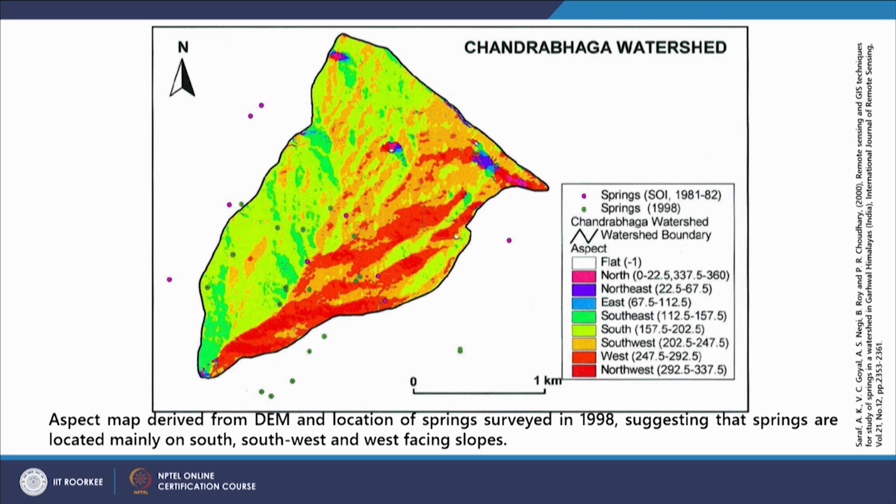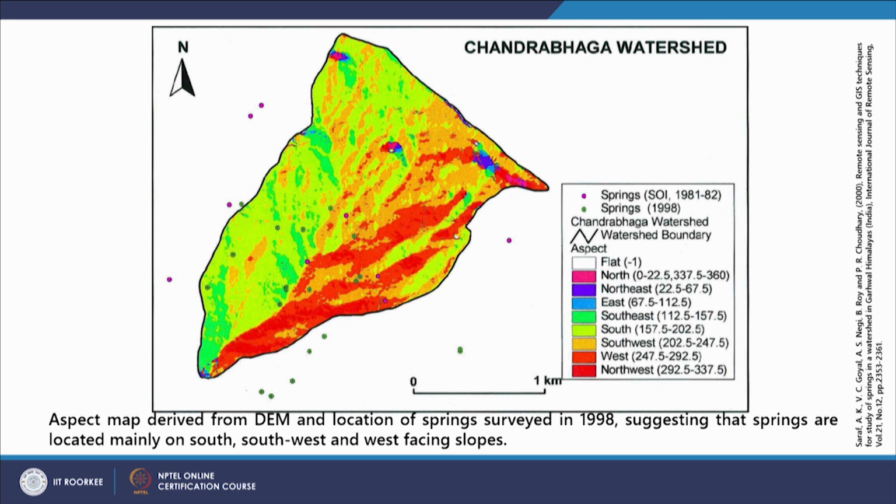Plus what was the aspect which was controlling these springs can also be seen here, and many springs generally you would find are facing or located on slopes towards the south direction.